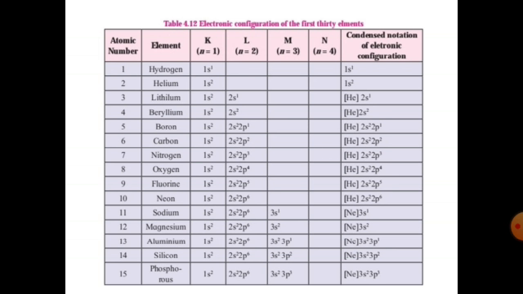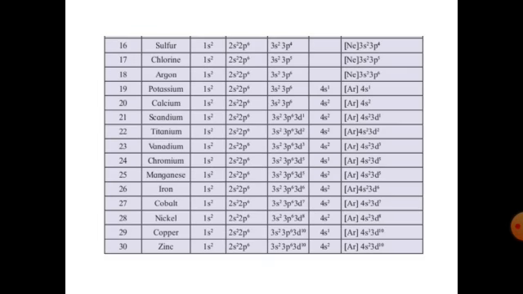Now there is a table given, and in that table the electronic configuration of the first 30 elements is given. Hydrogen, helium, lithium, beryllium, boron, carbon, nitrogen, oxygen, fluorine, neon, sodium, magnesium, aluminium, silicon, phosphorus, sulfur, chlorine, argon, potassium, calcium, scandium, titanium, vanadium, chromium, manganese, iron, cobalt, nickel, copper and zinc.